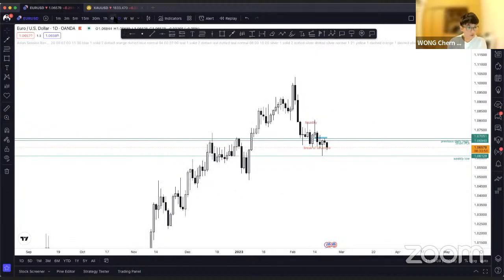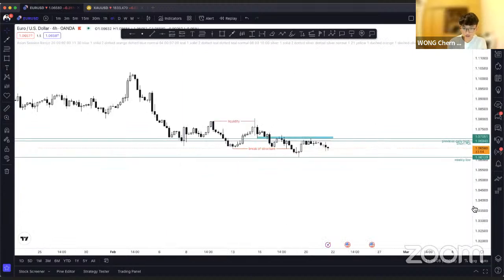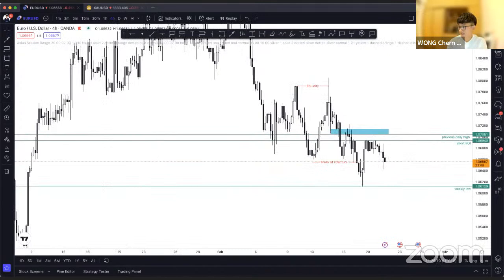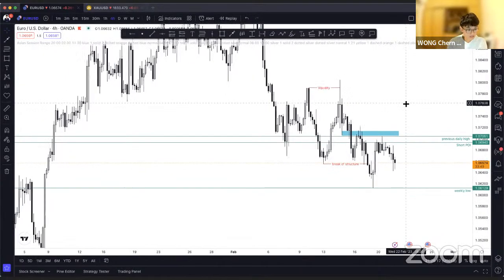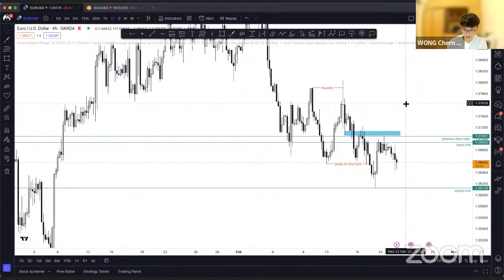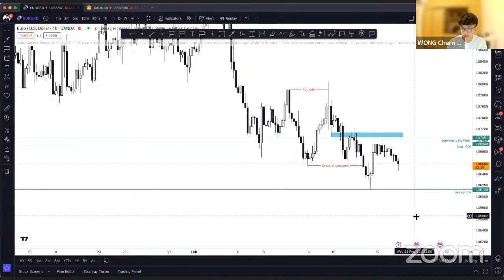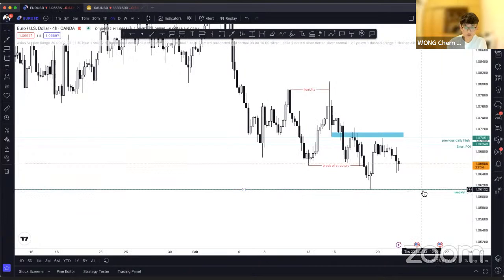If we go down to the 4 hour time frame to take a better look, I marked out some key levels here on Euro USD, and I will be explaining them shortly. Firstly, I marked out the weekly lows, which is very clear and straightforward. This is the previous weekly low, guys.